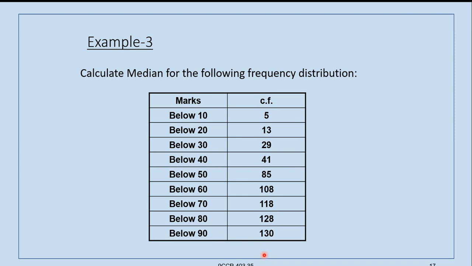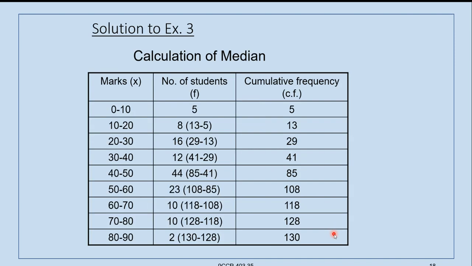And cumulative frequency is converted to ordinary frequency, that is 5, 13 minus 5, 29 minus 13, 41 minus 29, 85 minus 41, 108 minus 85, 118 minus 108, 128 minus 118, 130 minus 128. So the frequency is 5, 8, 16, 12, 44, 23, 10, 10, 2.